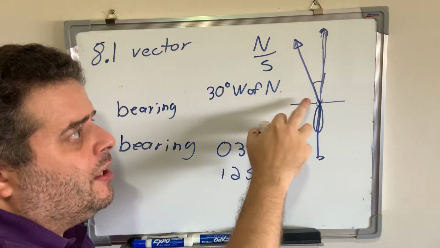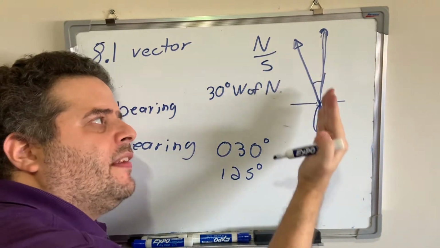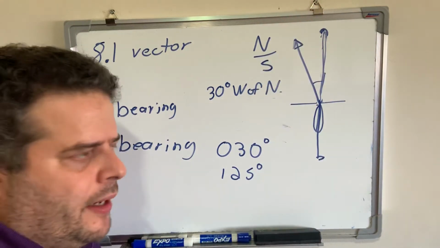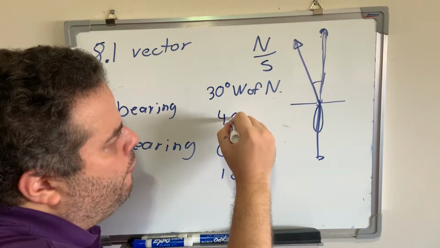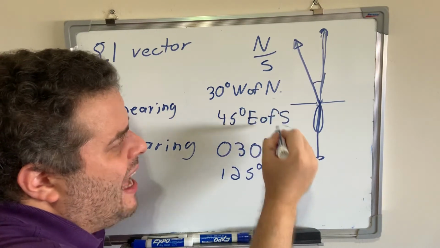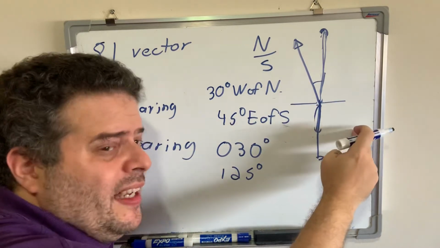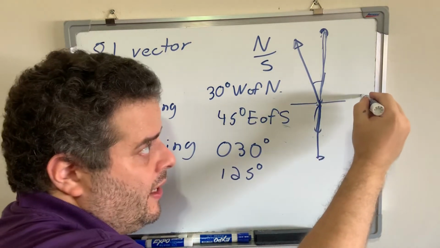So that is 30 degrees west of north. I go 30 degrees west of my north line. 45 degrees east of south. I'm going to use my south line, and I'm going to go east, which is this way, just in case.